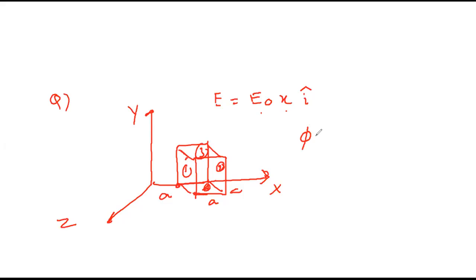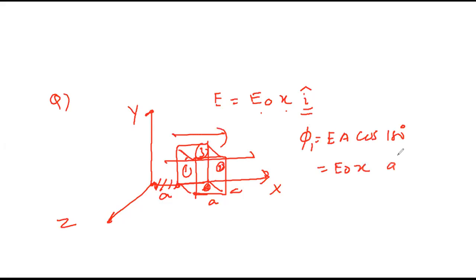Flux through the first one will be E into A into cos of 180, because the area vector direction is along negative i cap. E is E naught x, but what is the distance of x from the origin? The formula is E naught x, area is A square, and this is minus 1. So E naught, what is x at this face, the first face? Is it A? A, correct. Into A square into minus 1. So it will become minus E naught A cube.